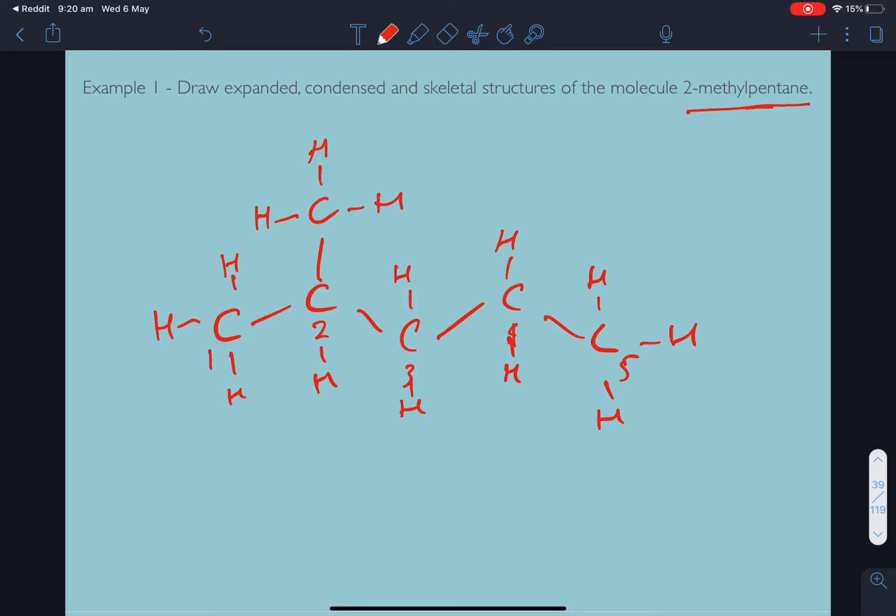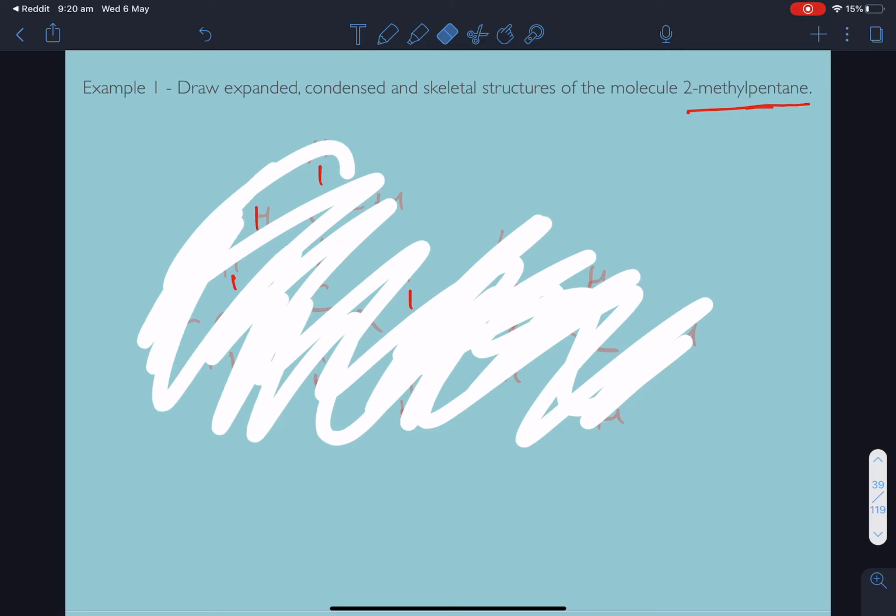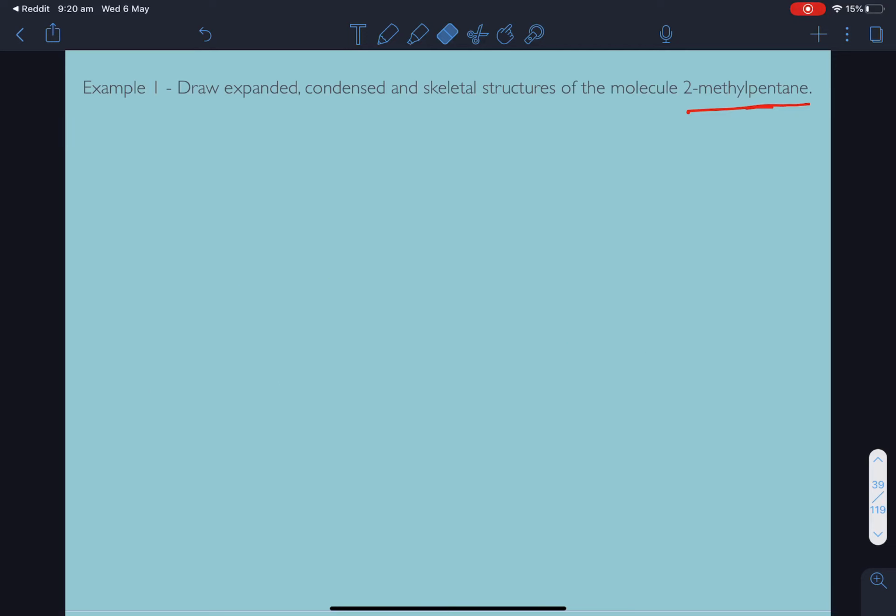Okay, this one's fully expanded. I could do a condensed form, so what I'm going to do is erase that. I'm going to do a condensed formula. I'm going to start the same: 1, 2, 3, 4, 5, and a methyl in the 2 position.